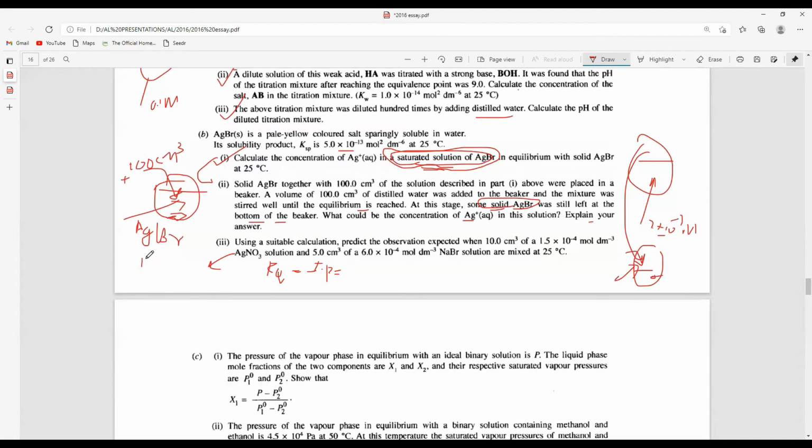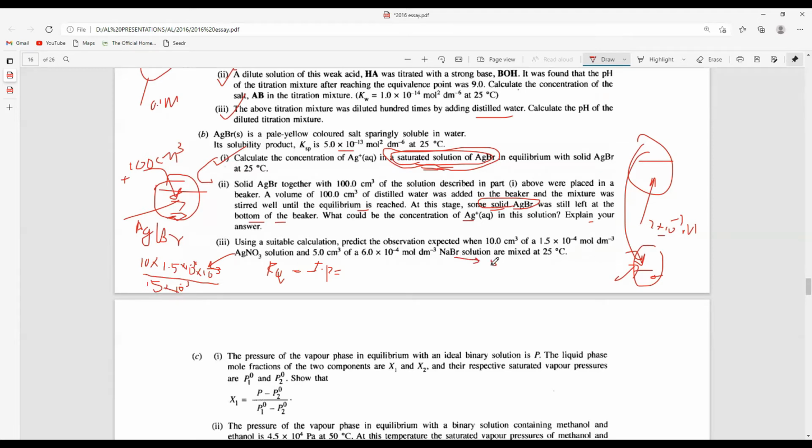So the Ag+ concentration will be 1.5 into 10 to the power minus 4 times the volume, which is 10 cubic centimeters, or 10 to the power minus 3 dm^3, divided by the total volume when you mix, which is 15 into 10 to the power minus 3.